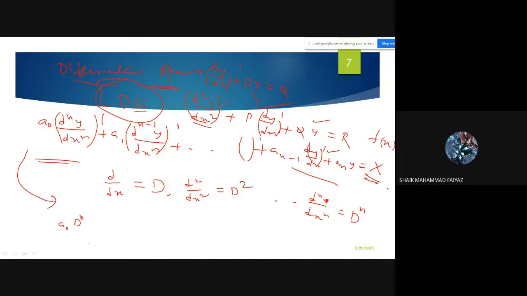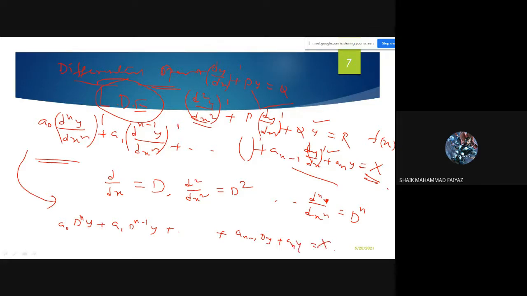So a naught D to the power n y plus a1 D to the power n minus 1 y plus and so on, plus a n minus 1 into D into y, plus finally an into y, which is equal to x.